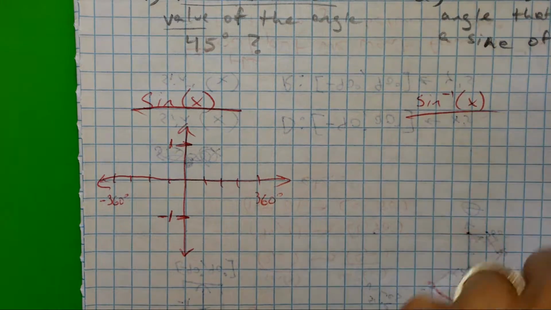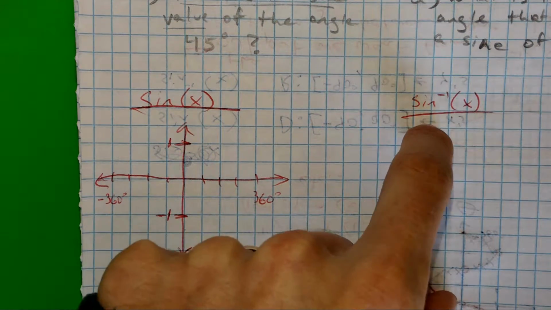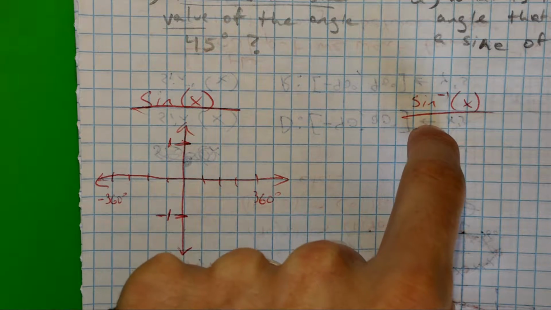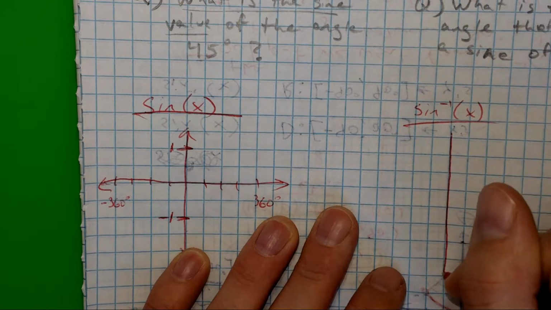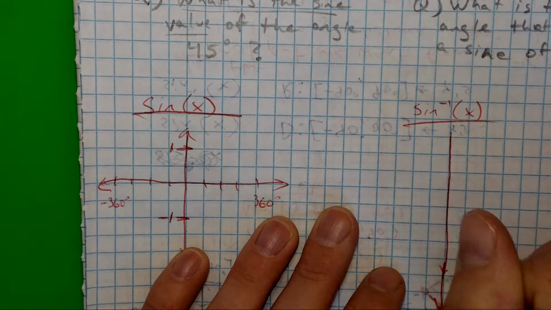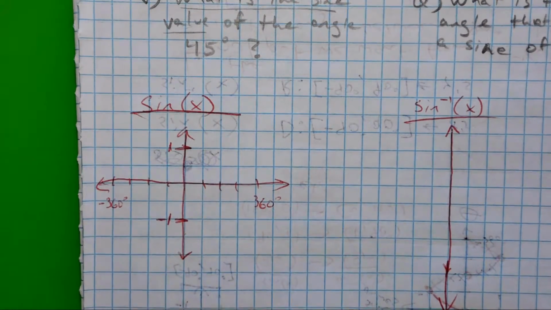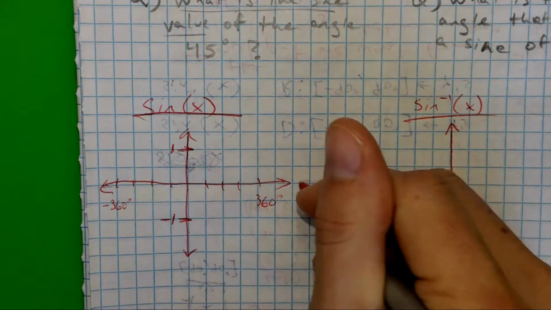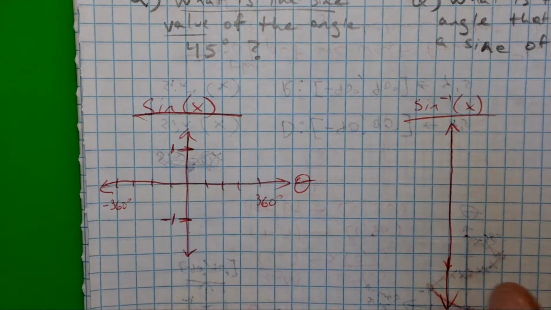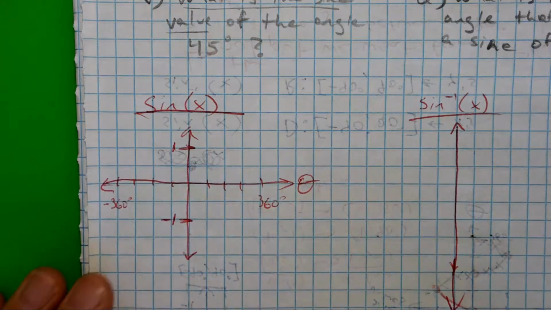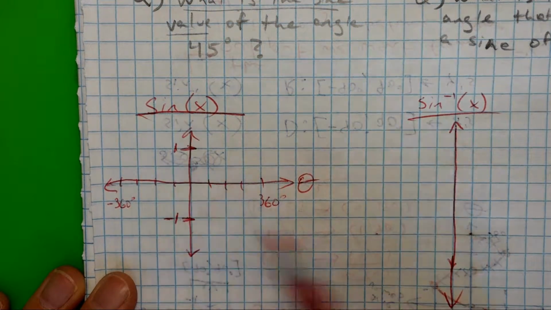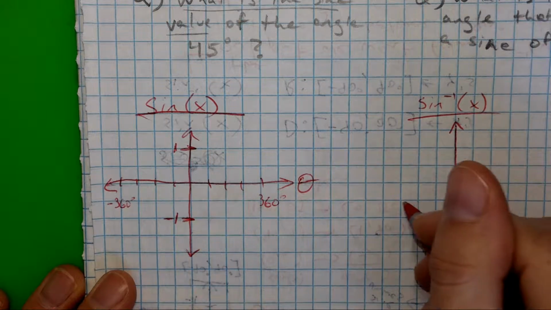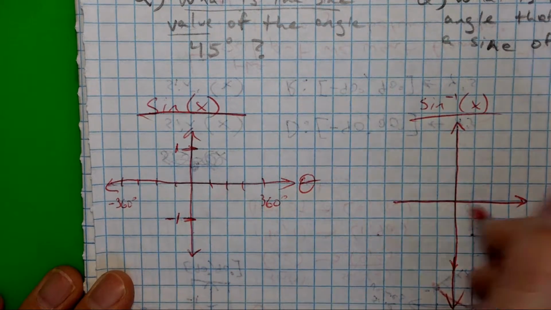Yeah. So what we're doing is we're going to switch our axes. So I'm going to put my x-axis over here. But now it's going to be my y-axis. So here I had angles on the x-axis. I'm going to put my angles on the y-axis. And here I had sine values on my y-axis, my output. Here I'm going to have sine values as my x-axis, or my input.